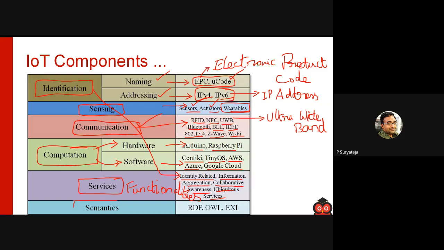And the last thing is semantics. What is the use of semantics? It provides something called interoperability. I already discussed what interoperability is in the first unit, in the characteristics of IoT.